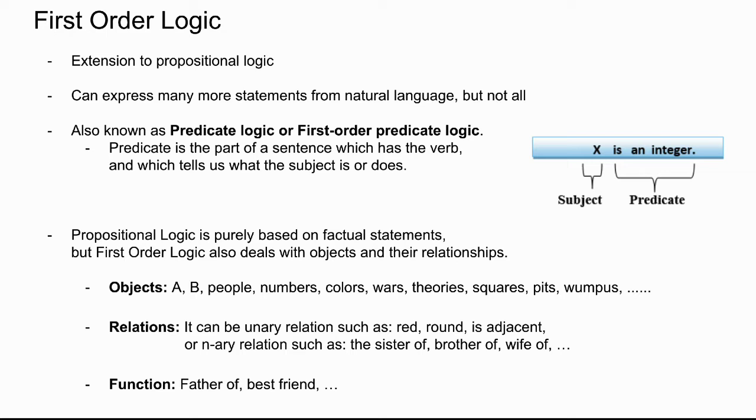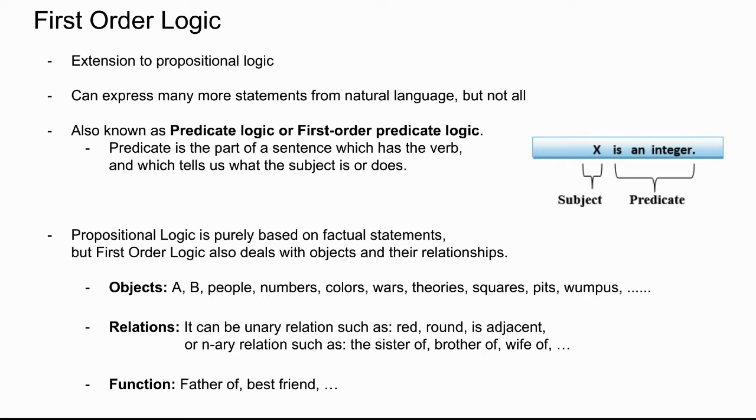So a function is also like a relation, but the main difference is that a function cannot be one to many. Okay, so if you give a particular input to a function, you are supposed to get a specific output. It can be many to one, but it can never be one to many. Okay, so that is the difference between a relation and a function. So a function is a special type of relation.